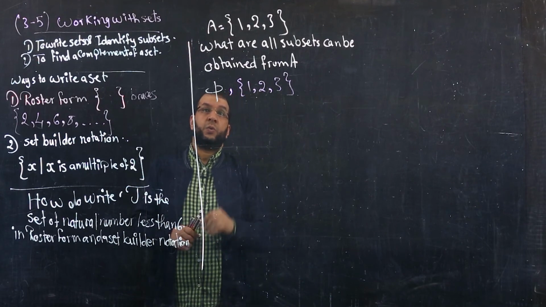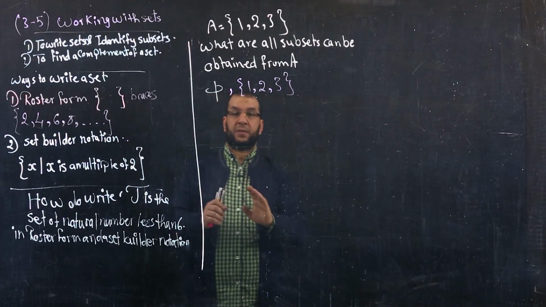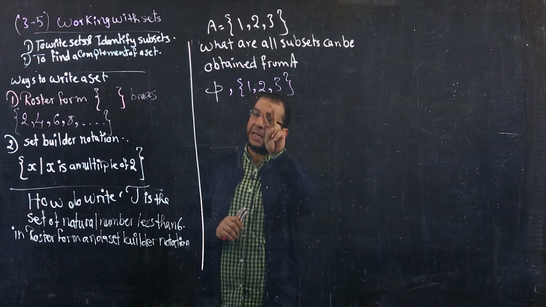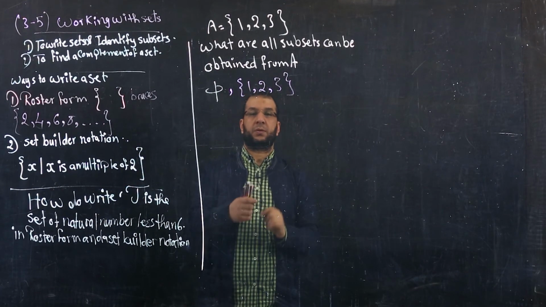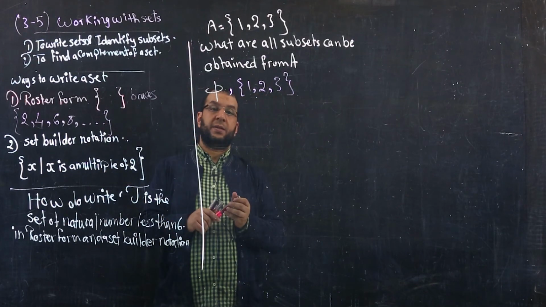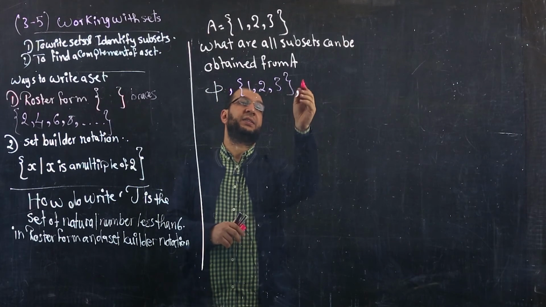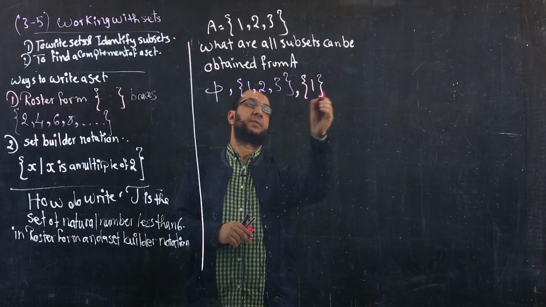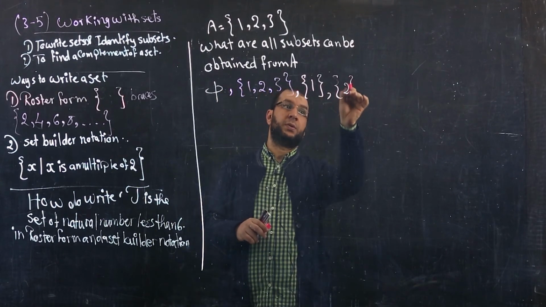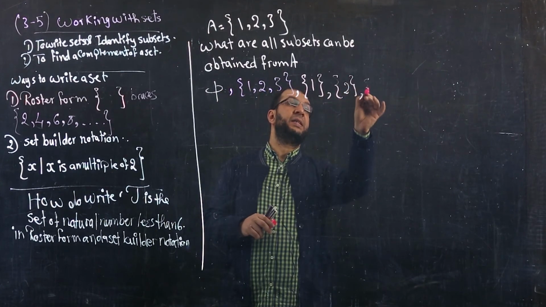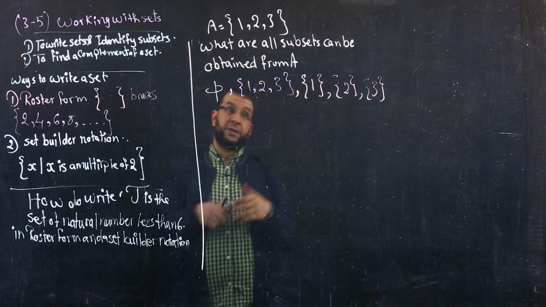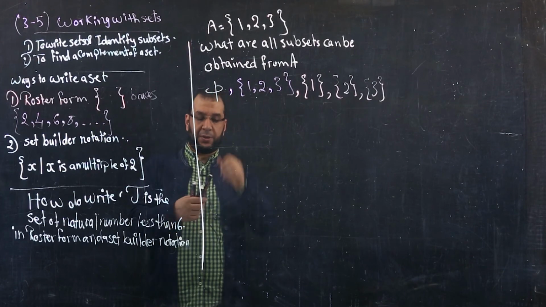Then we will take each element separately, each element alone. Then each two elements together, and so on. For example, here I have 1, 2, and 3. So I will write 1 as a set, 2 as another set, and 3 as another set. Then each two elements together.